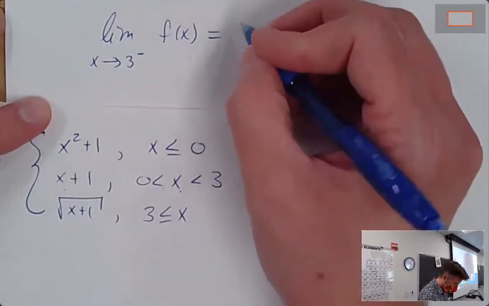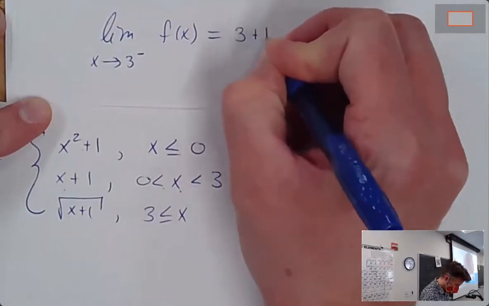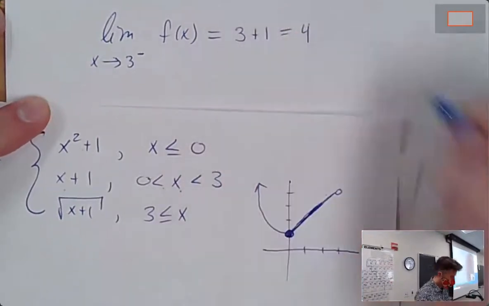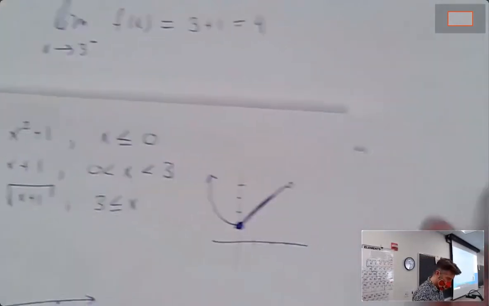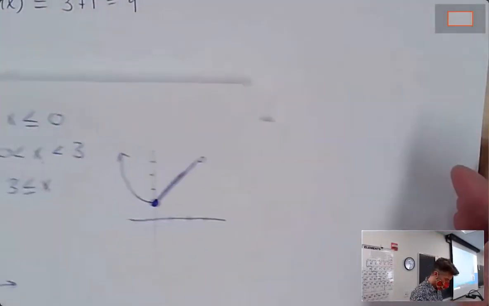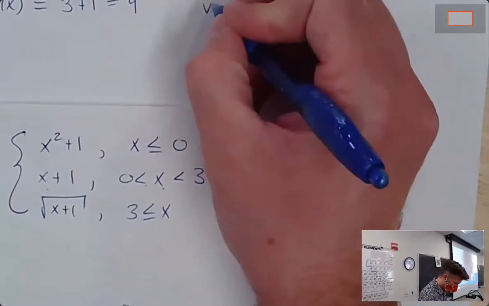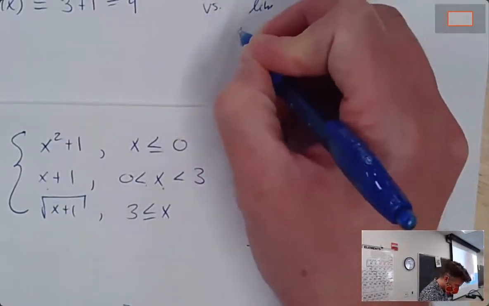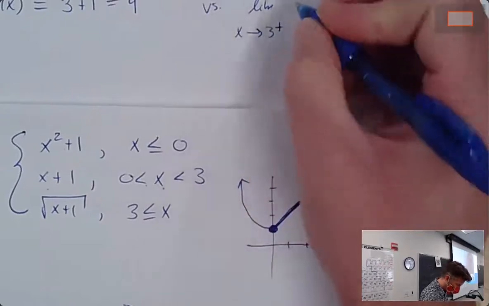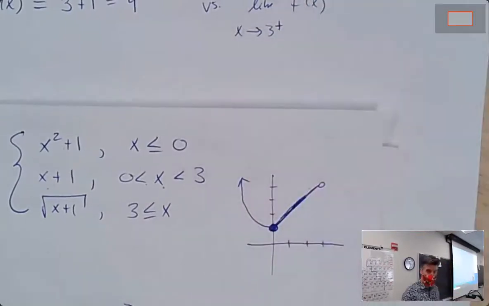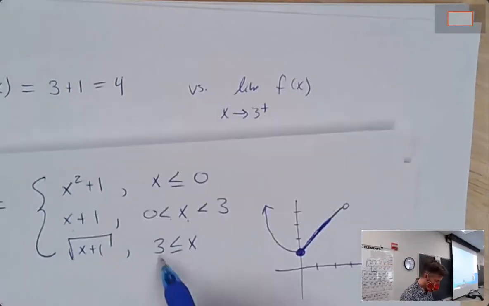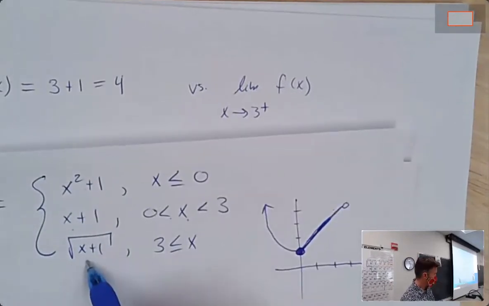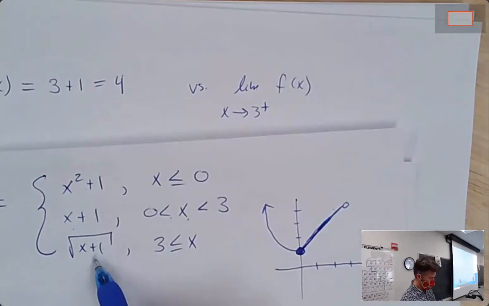That's going to equal essentially 3 plus 1, which is 4. Versus the limit as x approaches 3 from the right of f of x. Well, if x is larger than 3, then we're using this piece of the piecewise function, the piece square root of x plus 1.